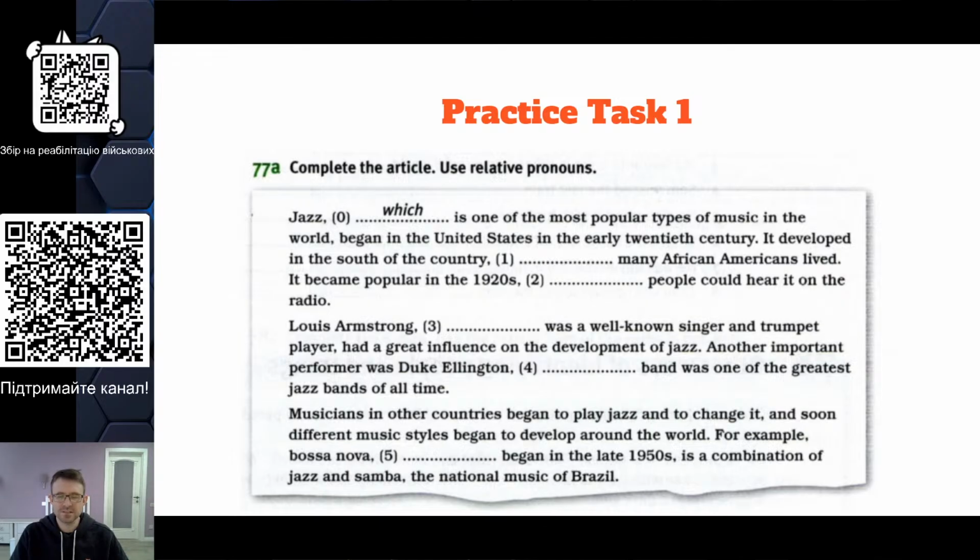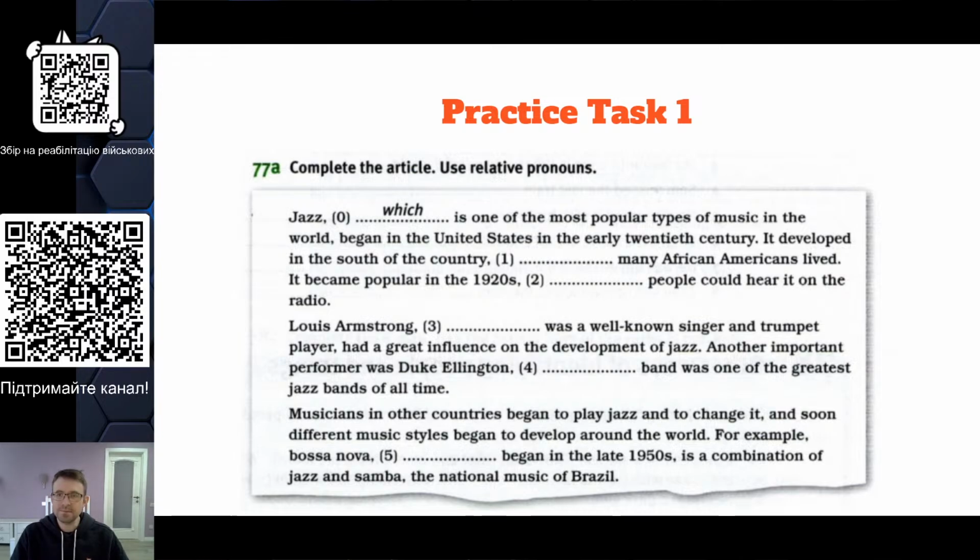So we have 0 as our example, jazz, comma, which is one of the most popular types of music. Then for number 1, it developed in the south of the country. Here, obviously, the country is a place, and so we should use where in this case, where many African Americans lived.